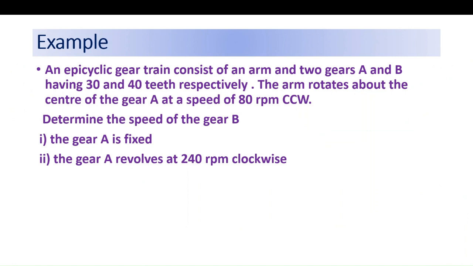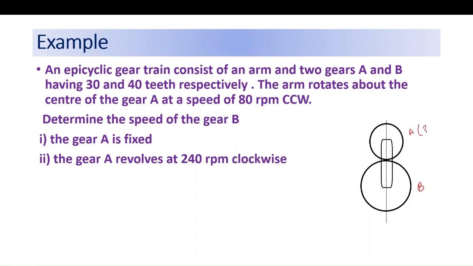Let's take a simple example of the same gear, same arrangement. An epicyclic gear train consists of an arm and two gears, gear A and gear B. Gear A has 30 teeth, TA equals 30, and gear B has TB equals 40.